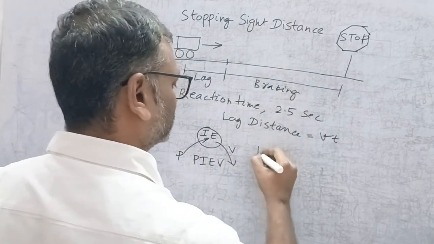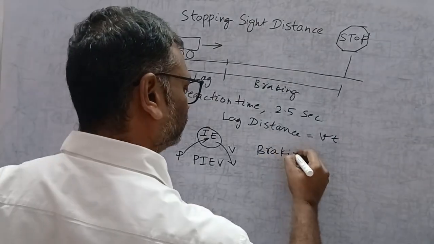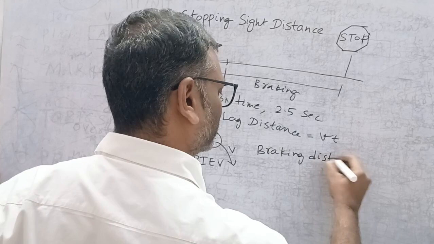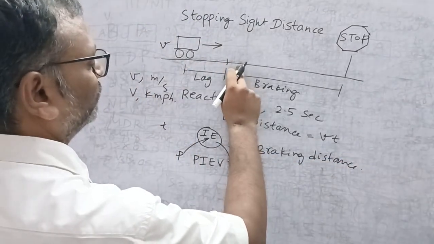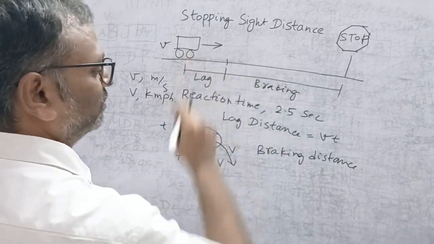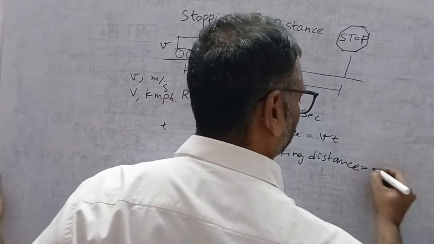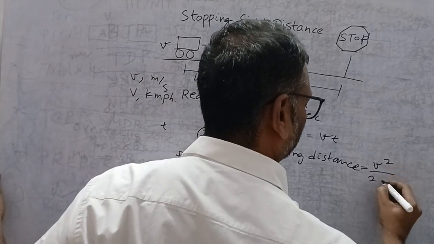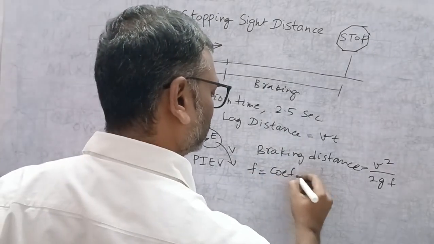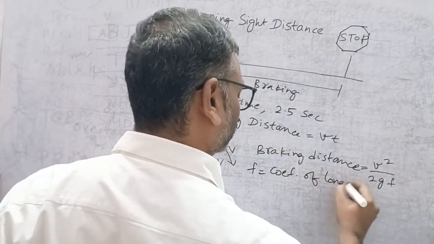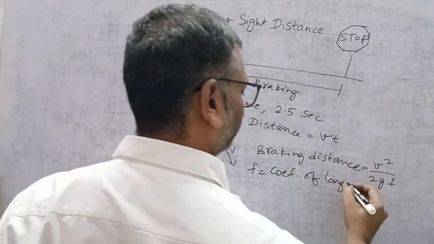Now braking distance, which depends on the friction between the road surface and vehicle tires. So that is v square by 2gf, where f is the coefficient of longitudinal friction, meaning in this direction.